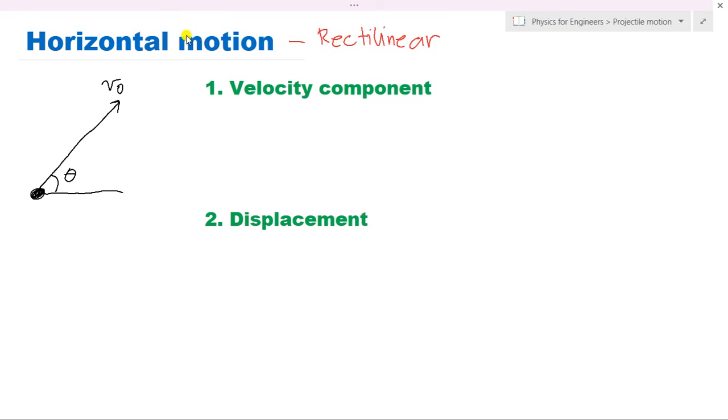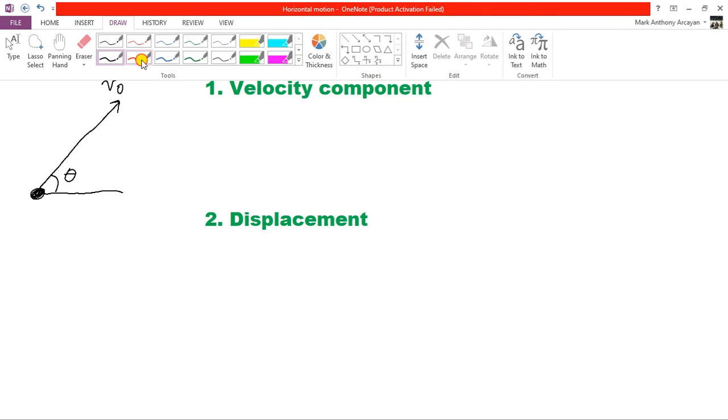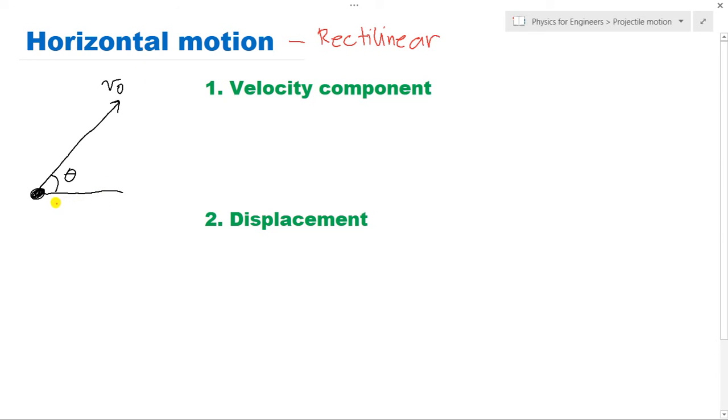And then, since we're talking about the horizontal motion, therefore we are referring to the velocity at the horizontal component. So this would be our velocity at the horizontal component. This is our VOX.